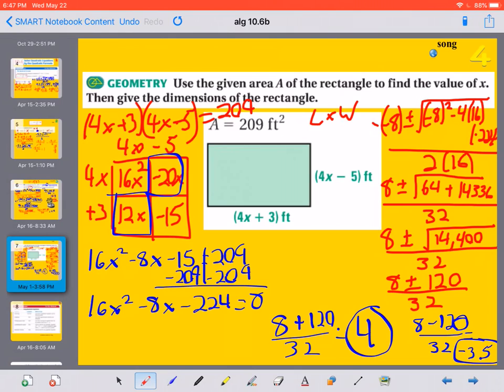I know that I cannot have a negative length, so I know that negative 3.5 is not our answer. So I'm going to put 4 back into these problems. 4 times 4 is going to be 16 plus 3. We have 19 on this side. 4 times 4 is 16 minus 5 gives me 11 on this side. So 19 and 11.